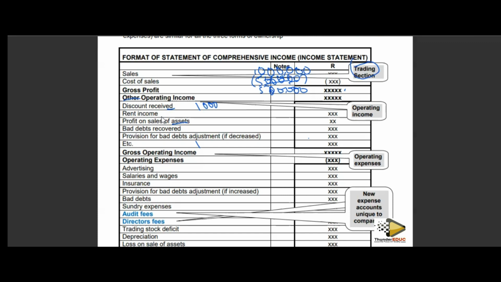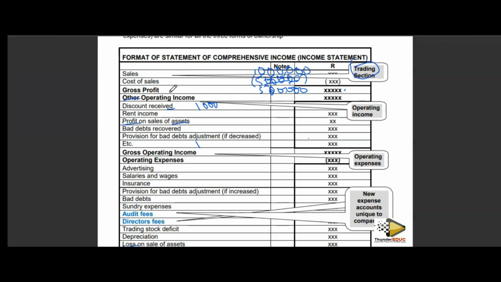When we sell those assets off, remember we are looking for the word profit. Do we make a profit on selling this asset? If we are making a profit, it will be our income. Remember, if we make a loss, you see the loss here, I'll explain it, but I want to bring it here. Loss on sale of asset means that we are losing money. We are making a loss. But profit on sale, it's income to us. If we make a profit, which means we are selling for more than its book value.